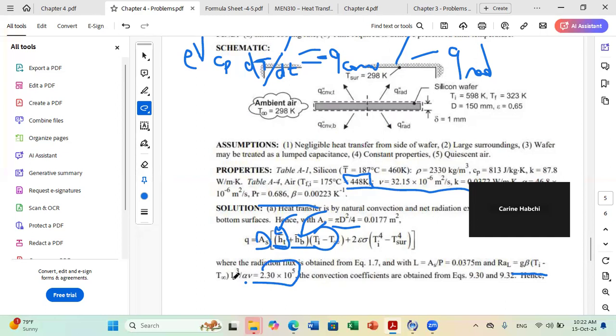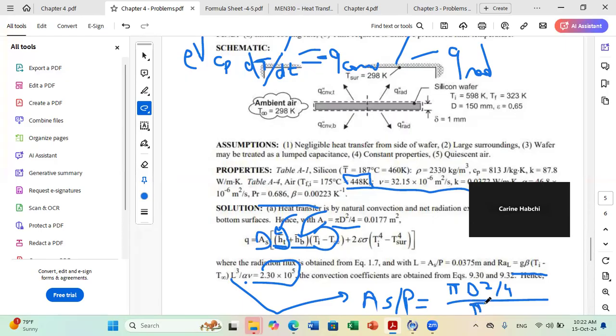Okay, and as we said, the characteristic length for a horizontal surface is area of the surface over the perimeter. Since here we have a circular area, we replace area of surface by pi d squared over 4, and we replace the perimeter by pi d.